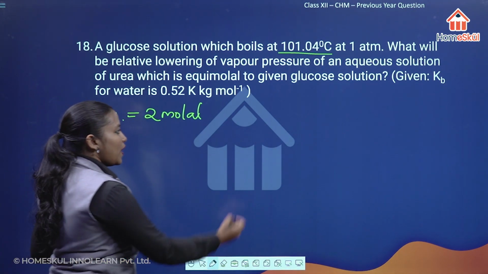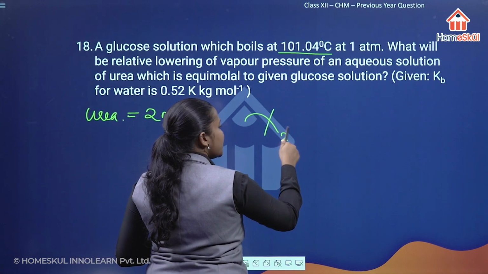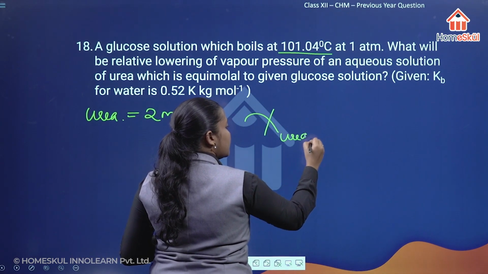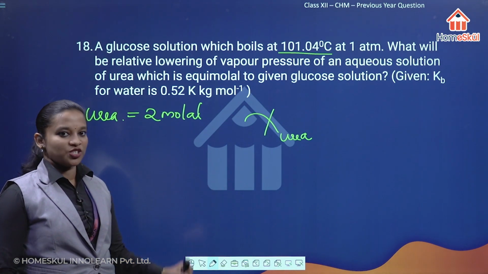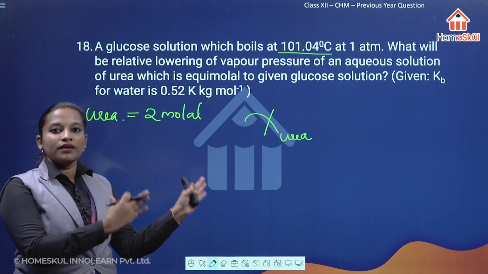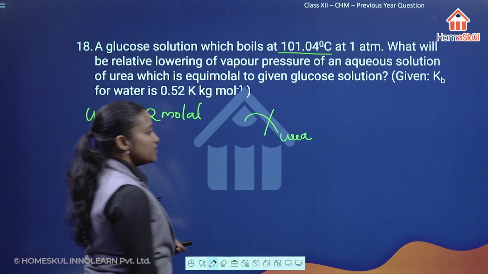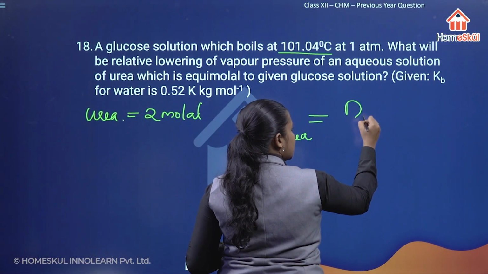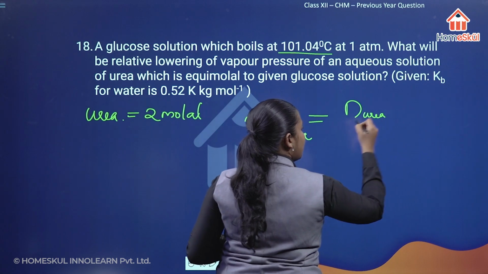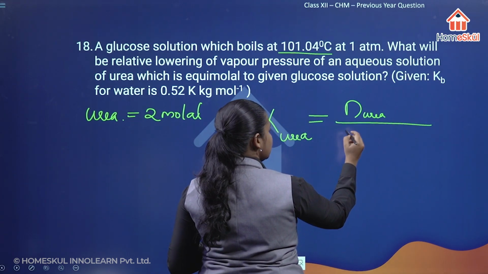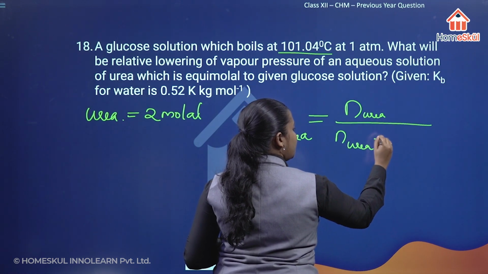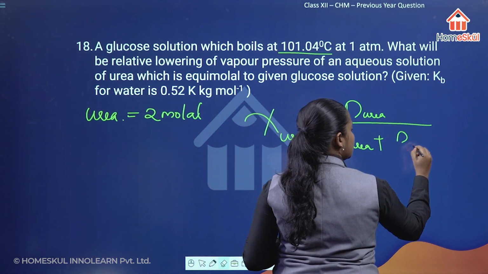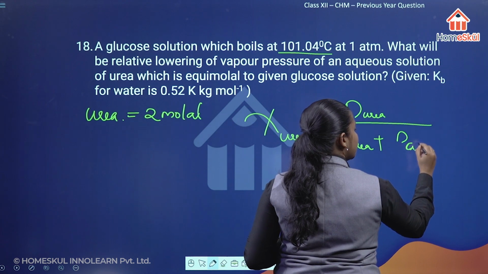So, if we find chi 2 or chi urea, we can calculate the relative lowering of vapor pressure. That is, the mole fraction of urea is the relative lowering of vapor pressure. So, how can we calculate it? Moles of urea divided by moles of urea plus moles of water in the solution.